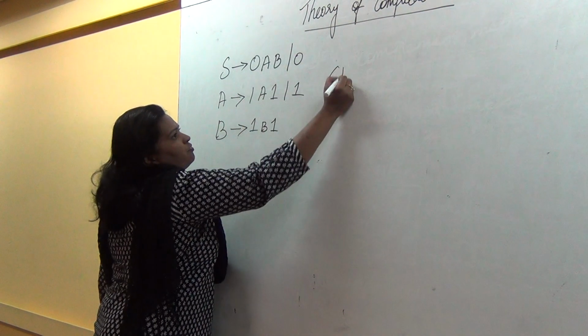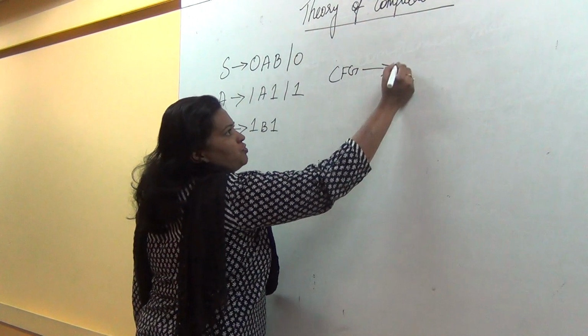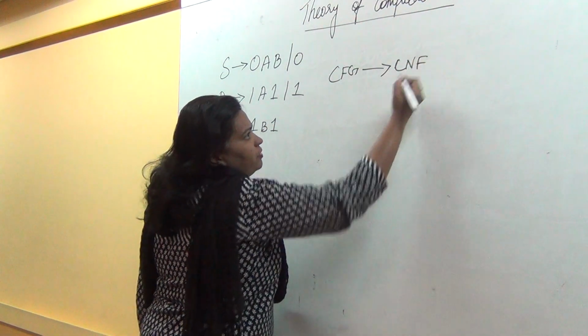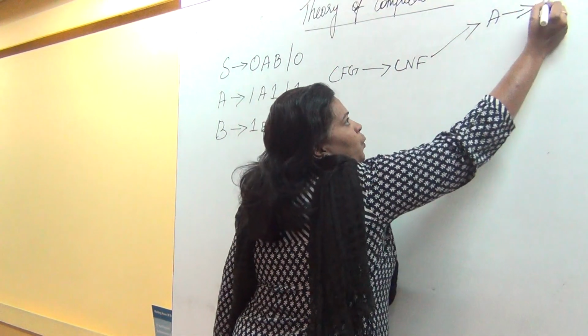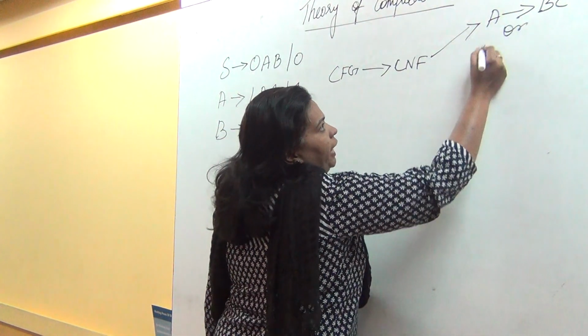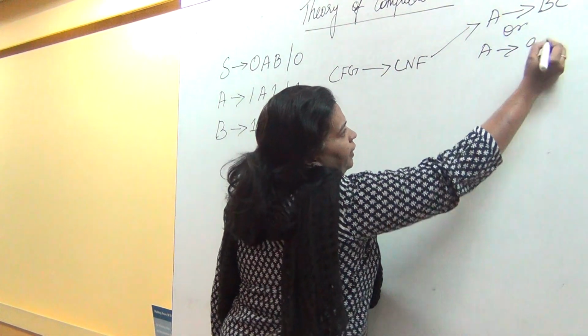This is a CFG. We need to convert this CFG into CNF. We know the definition for CNF. It is A tends to BC or A tends to a.